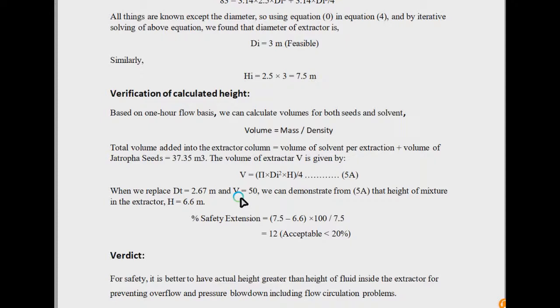So a volume will be attained that is based on the mass transfer and equilibrium contact time. It will represent a better answer, but not that much, because a performance criterion or equation is not defined. Like in reaction kinetics, you have V over Fa naught equal to X over minus Ra, a design equation that bounds your limits to certain optimized values.